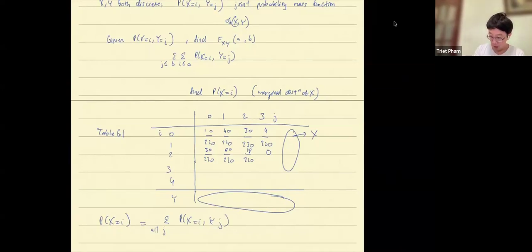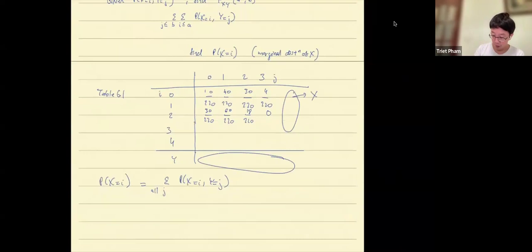This is just the law of total probability, right? Remember, the law of total probability says the probability of any event is a sum over i equals 1 to n, if the F sub i form a partition of the sample space.